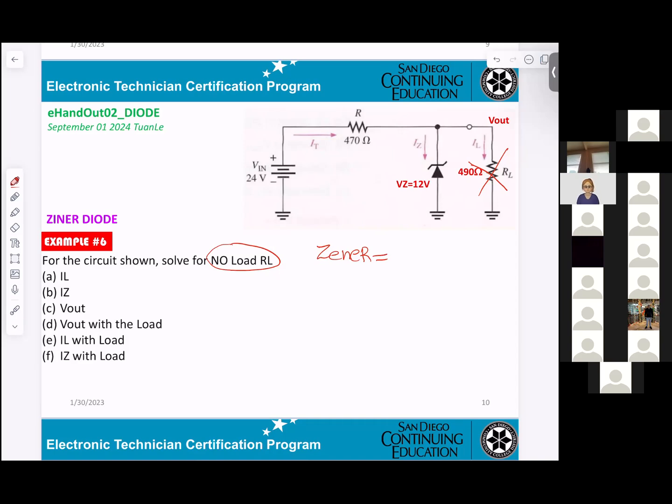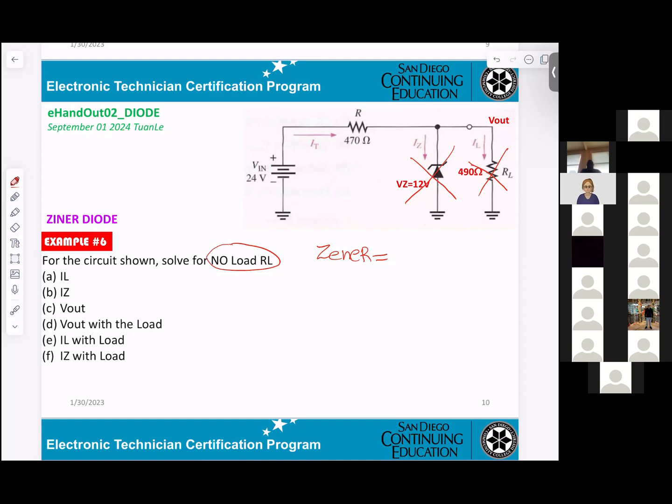Again, for the Zener, first thing, we don't have a Zener here. What do we get out? V out is 24 volts.